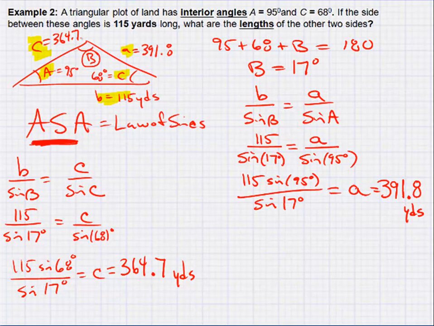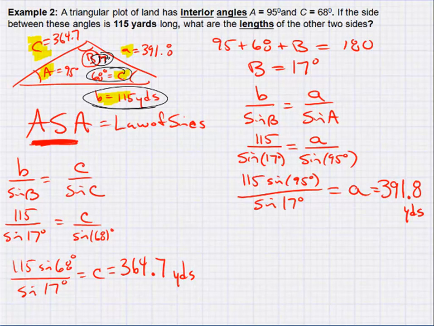Now, is that correct? Well, there's no guarantee. I feel pretty good about it as long as I plugged in my calculator right. But you can check to see if it looks right: what are the angles and what are the sides, and are they all proportionate to one another? We found out that B was 17, so this angle right here is 17 degrees. That's the smallest angle, so this should be the smallest side. It is.